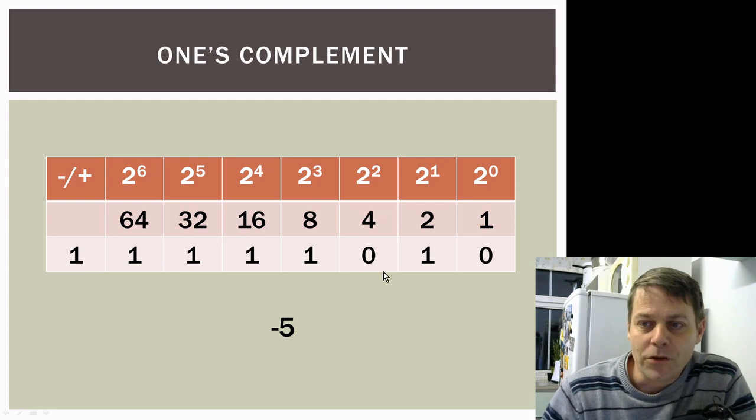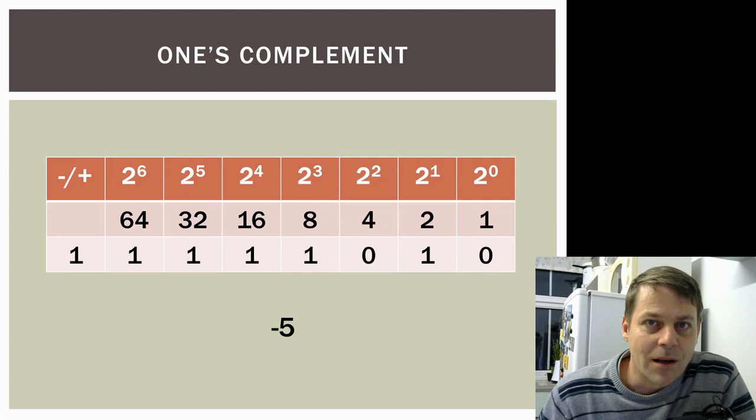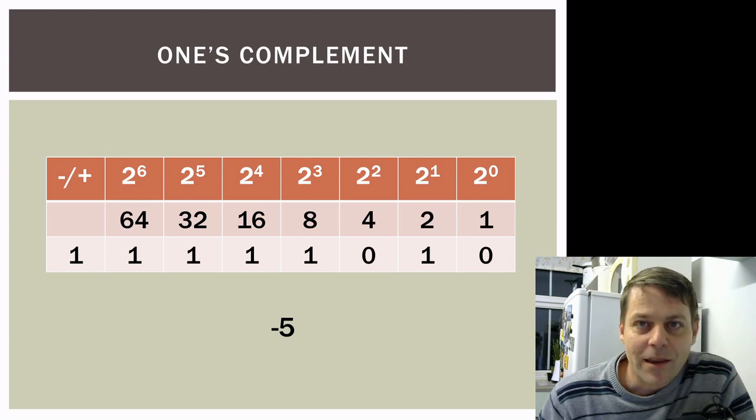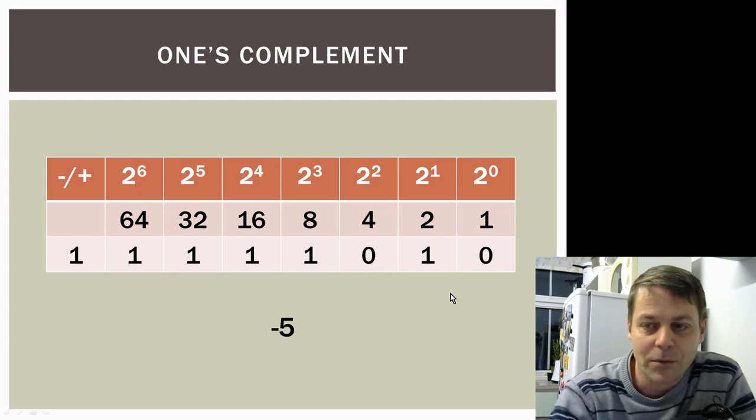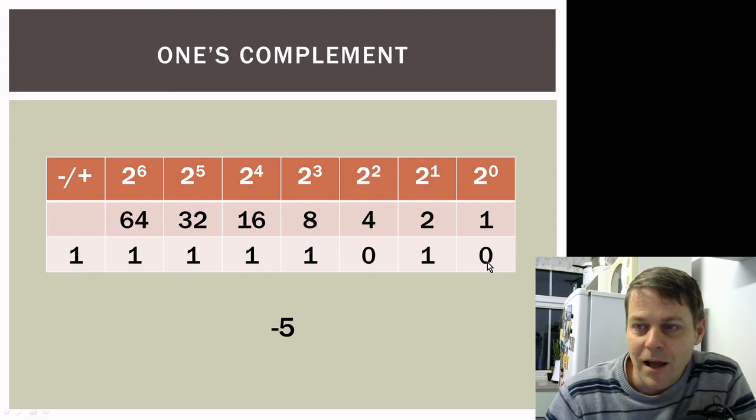So this is our 1's complement value. Now, if we take 1 and make it minus 1, that makes some sense, but we can't have minus 0, so we would have a wasted number if we had minus 0. So what we do to the 1's complement number is just add 1 onto it. So we take this number and just add 1, so we'll put a 1 here.